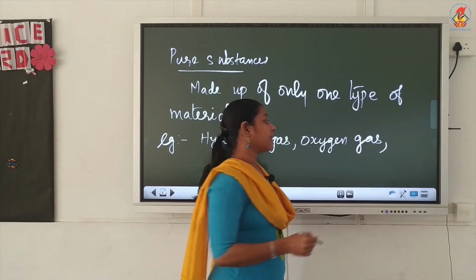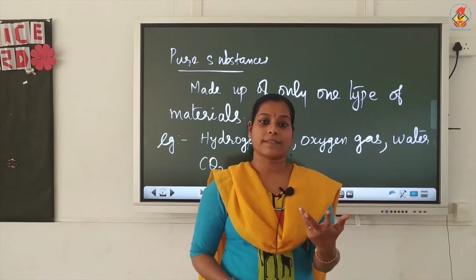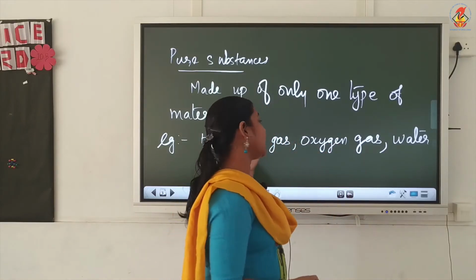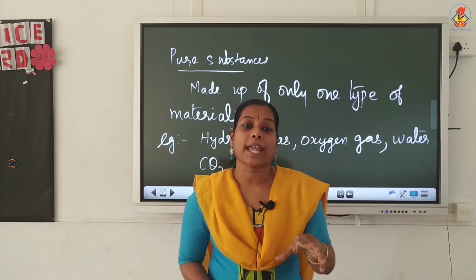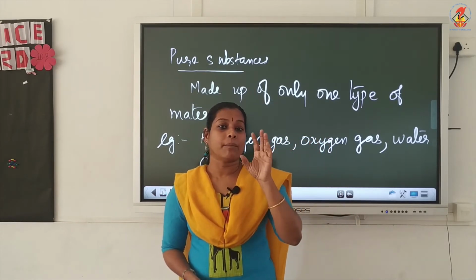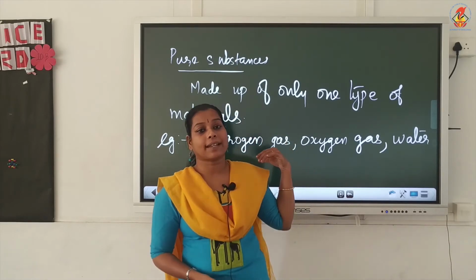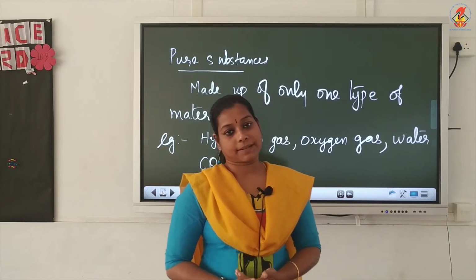In water you can see only water molecules. And in carbon dioxide you can see only carbon dioxide molecules, right? So substances which are made up of only one type of material are known as pure substances.